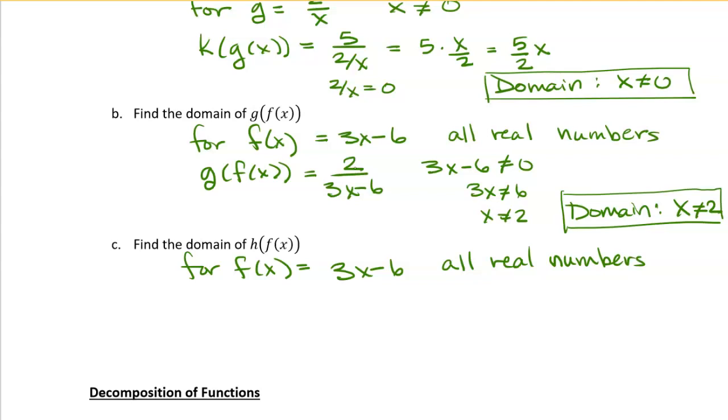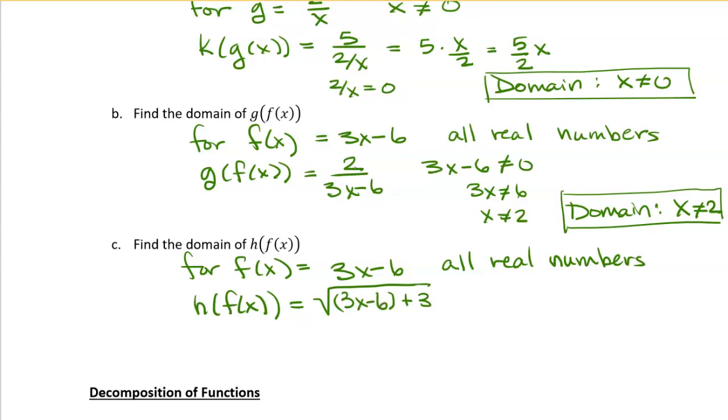Now let's look at the composition. h was the square root of x plus 3, so we want h of f of x. h of x is the square root of the input plus 3, but the input is going to be 3x minus 6.